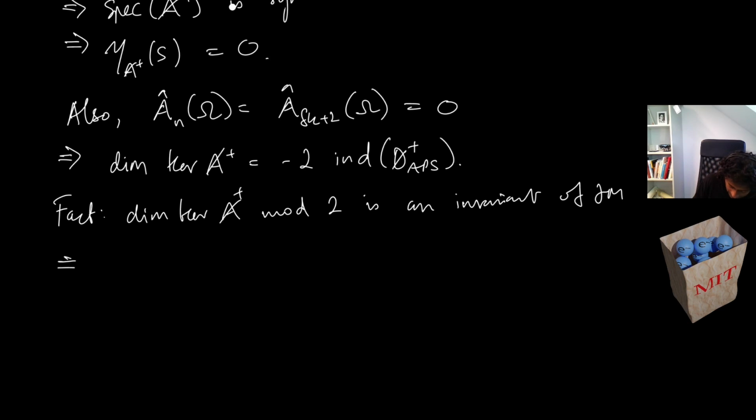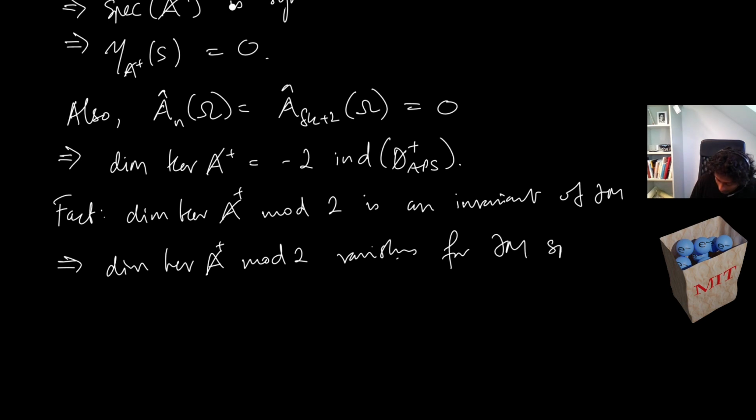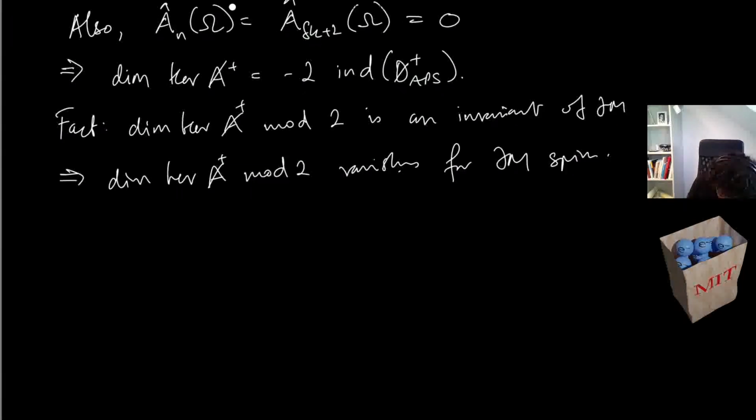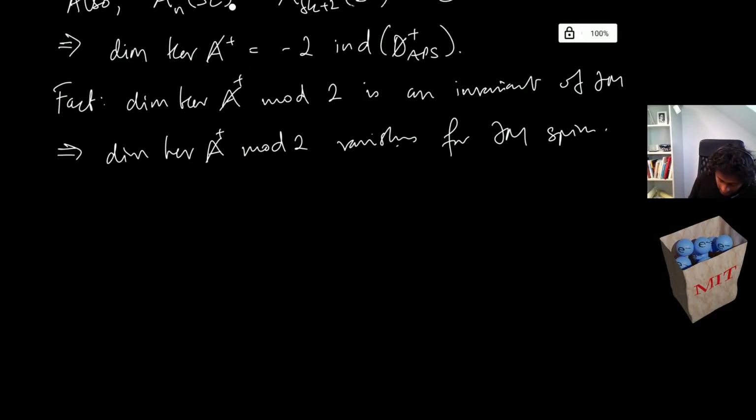And that means that the dimension of the kernel of A plus mod 2 is congruent to 0, so it vanishes, for spin boundary. The index theorem really reveals a lot of rich structure, and that's really the take-home message.